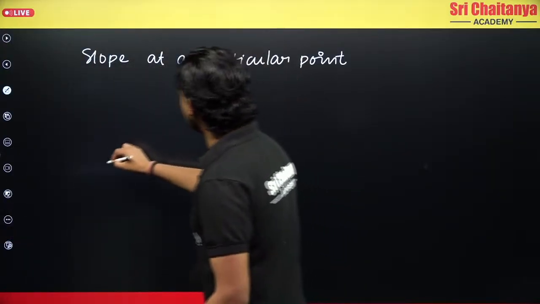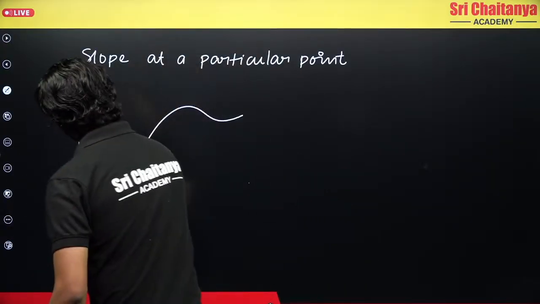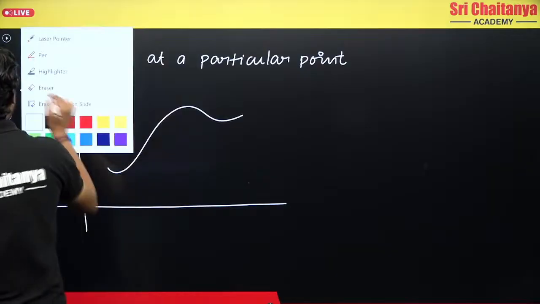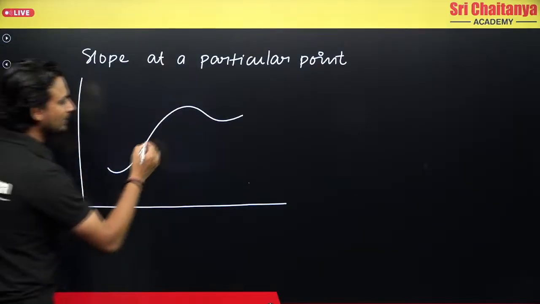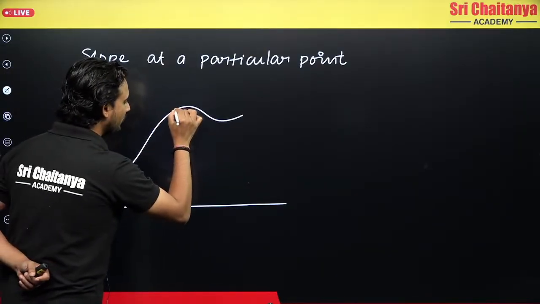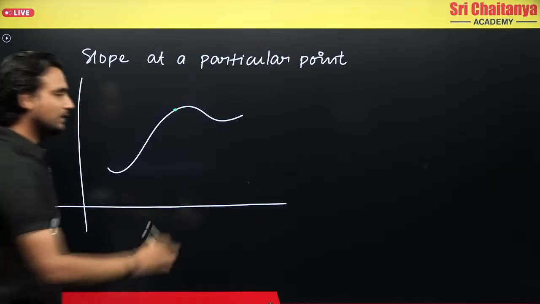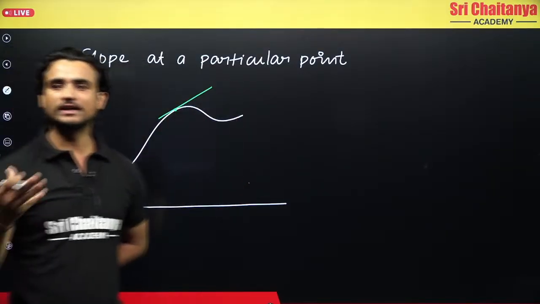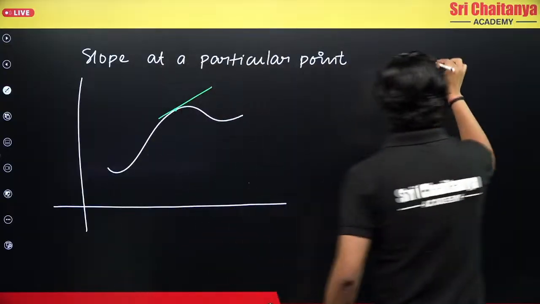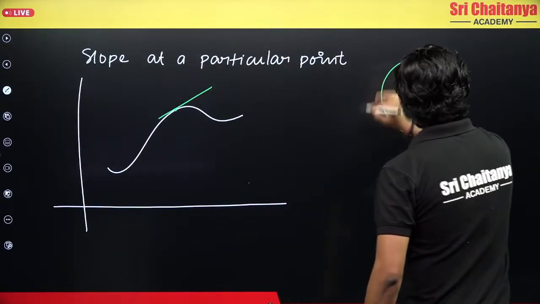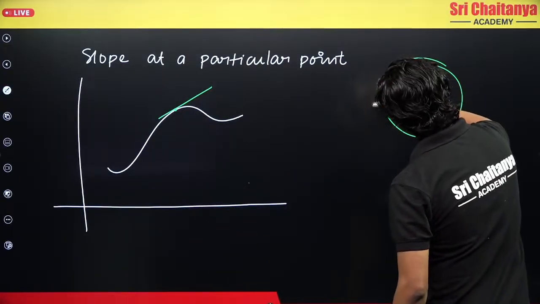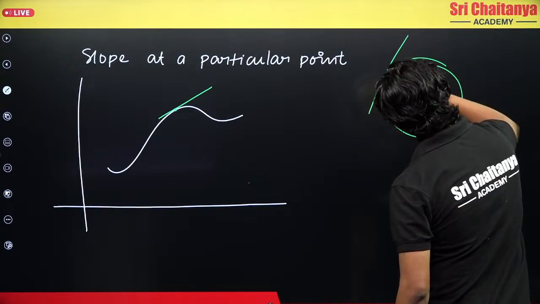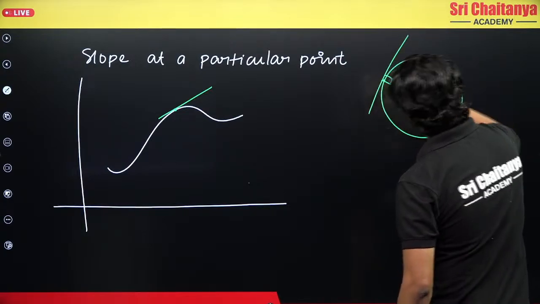Let's suppose this is a curve which I have. If I want to find the slope at a particular point, say this is the point where I want to find the slope, I will draw a tangent to it. You all know what a tangent is, right? In smaller classes, if you have a circle, a tangent is something that touches the circle at one point and is perpendicular to the radius, yes or no?